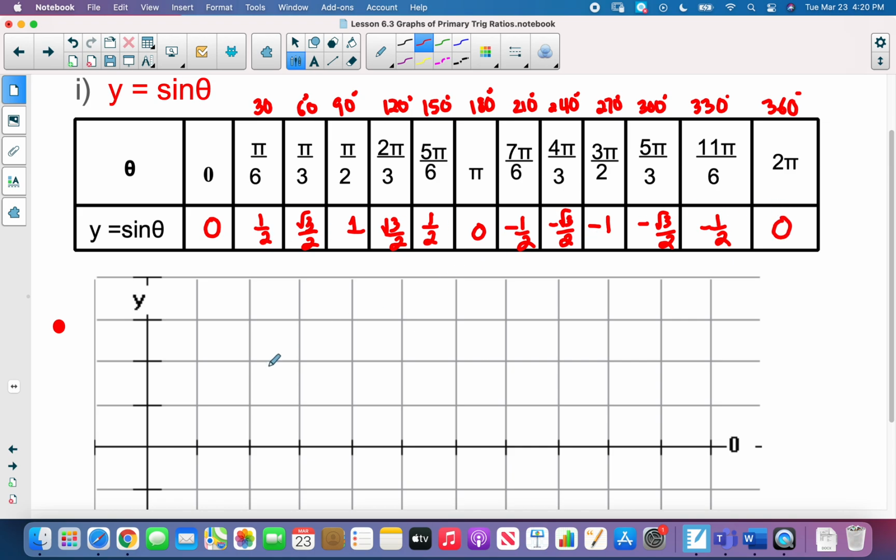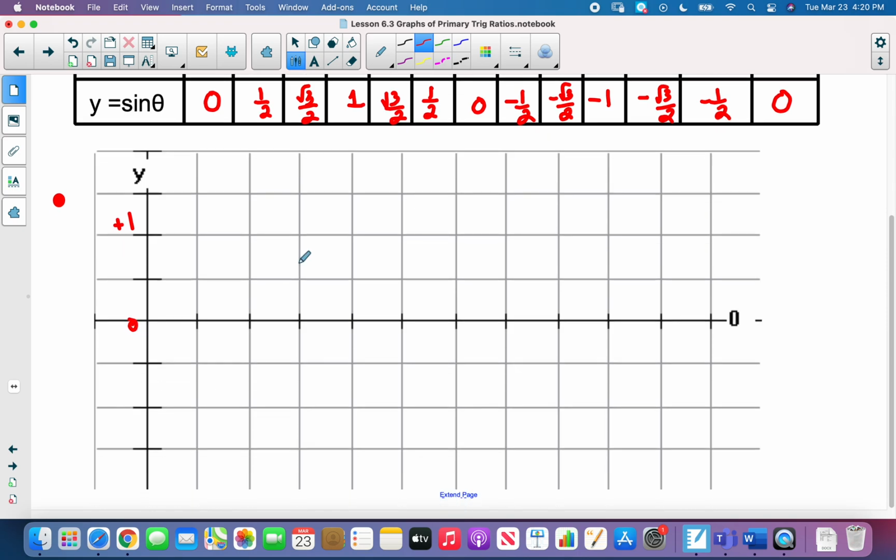So these are the points we're going to plot. We have a graph here. This is 0, this is +1, and this is -1. And we're going to go in increments of pi over 6.